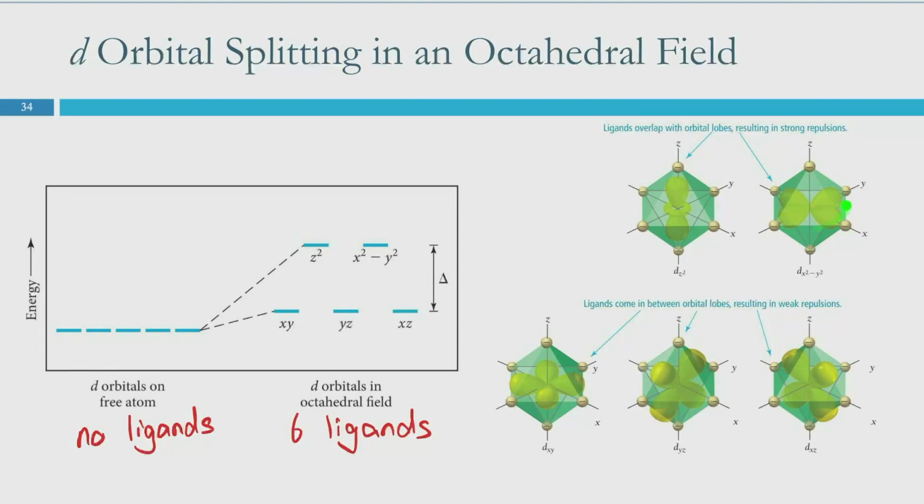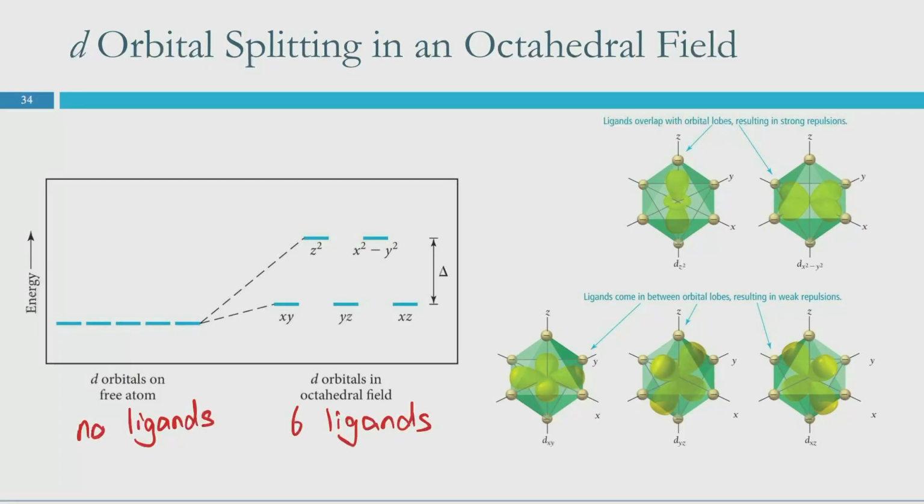And so that's going to result in repulsion between the electron groups. The electrons are not going to want to be in there because there's already something there. They're repelled away from that area. Versus in our other 3, our d orbitals are off axis. So our xy, they're between the x and y axes. Our yz, they're between the y and z axes. Xz, they're between the x and z axes.